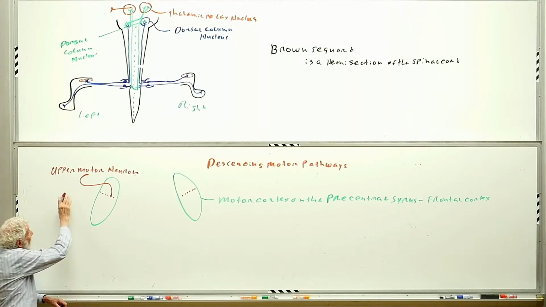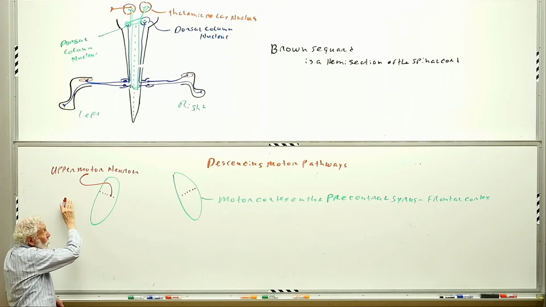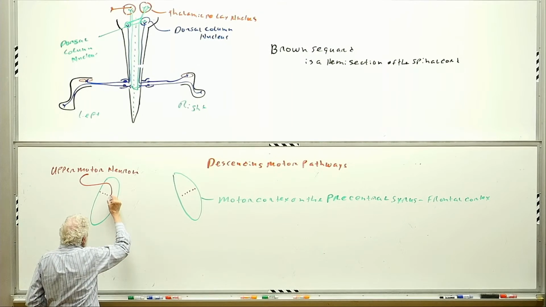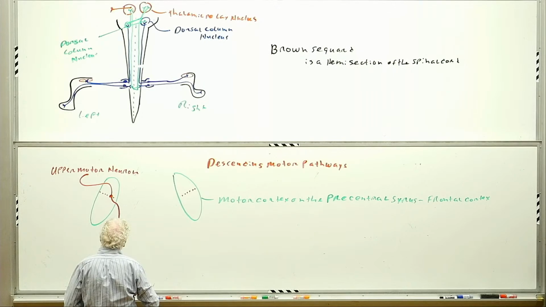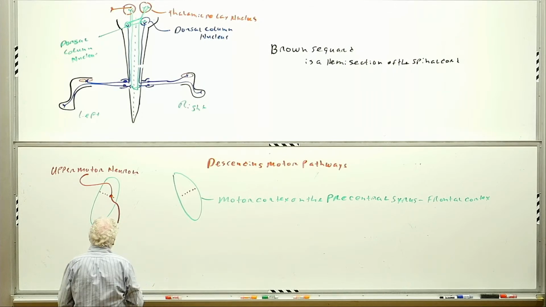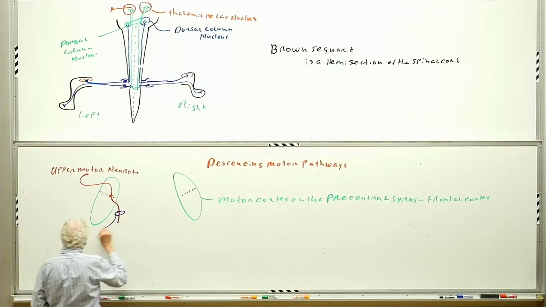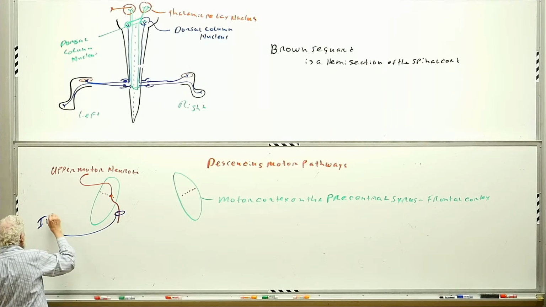And these upper motor neurons, which are typical pyramidal neurons, will send a process out from the motor cortex into a region that I'm going to label here as the internal capsule. I'm cheating a bit.